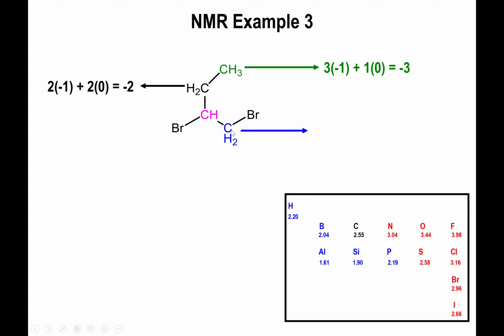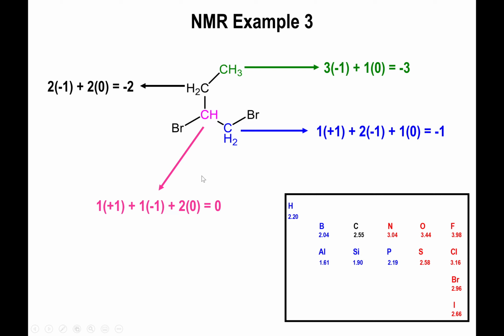Now the blue carbon over here is bound to carbon, 2 hydrogens, and a bromine. The bromine withdraws electron density, so it gives you +1. The hydrogens add electron density to the carbon, so they give you -1 each. And altogether, this is a -1 oxidation state for that carbon. The pink carbon, on the other hand, is bound to 2 carbons, 1 hydrogen, and 1 bromine. You get a +1 for the bromine, -1 for the hydrogen, 0 for the carbons.